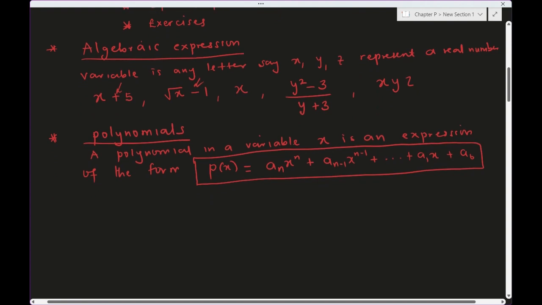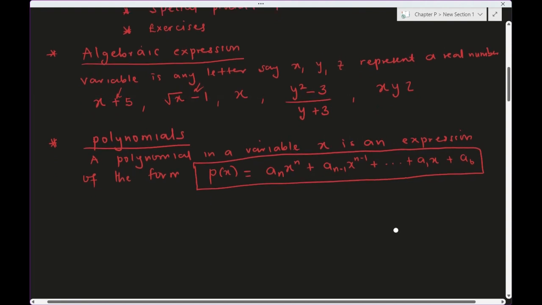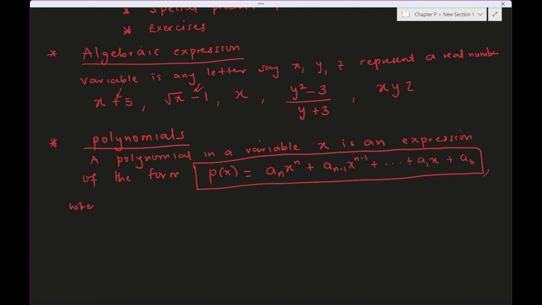Now let's define what we have here, where a_0, a_1, a_2, up to a_n are real numbers.